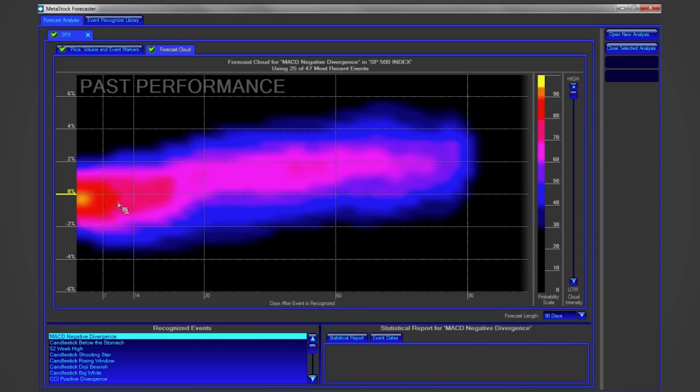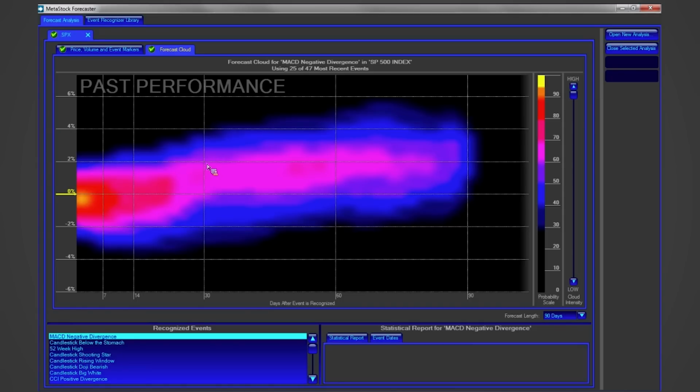Really, what it tends to do during these first few days is pull down before pulling back up. Depending on what time frame you're looking at, if I'm looking 30 days out, where does price tend to go? It'll tend to pull down before pulling up toward that 2% range over the first 30 days.